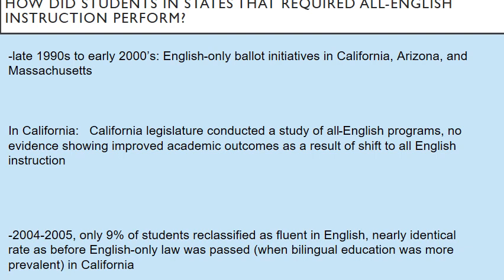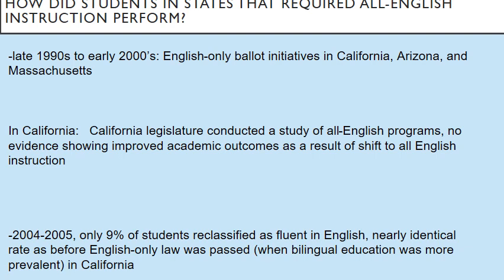So just to give, once again, historical background from earlier chapters in Baker, in the late 1990s to early 2000s, 3 states had voters who approved of initiatives that banned bilingual education. The 3 states were California, Arizona, and Massachusetts. They said no more bilingual education in schools, and that schools could only teach all English instruction, no native language support. Let's see how those students did.